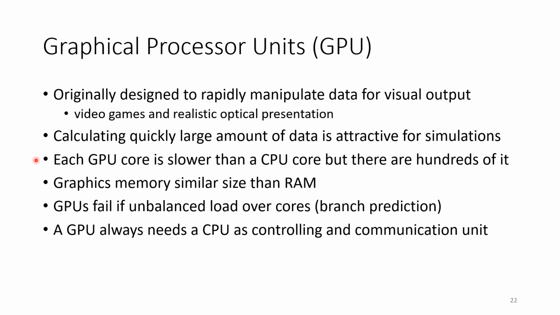And although a GPU consists of cores, if you compare a GPU core directly to a CPU core, the GPU core will be much slower. But there are hundreds, thousands of GPU cores on a single GPU. And this is the benefit, right? A GPU is parallelization at its heart, that's what it's good for.